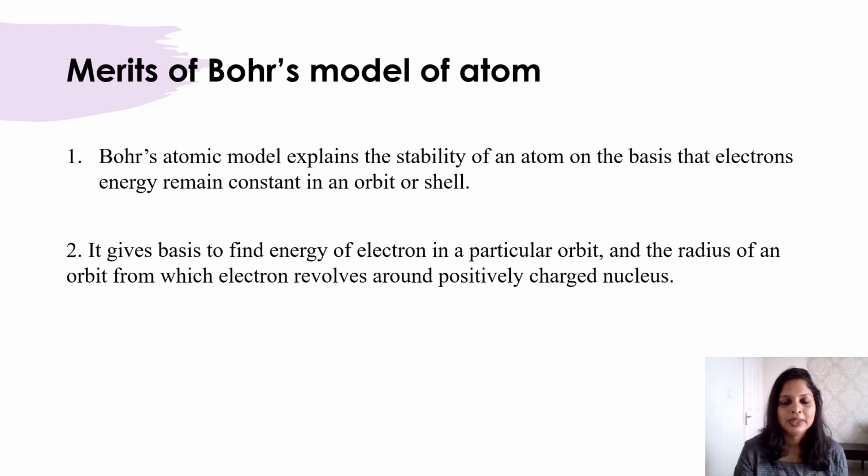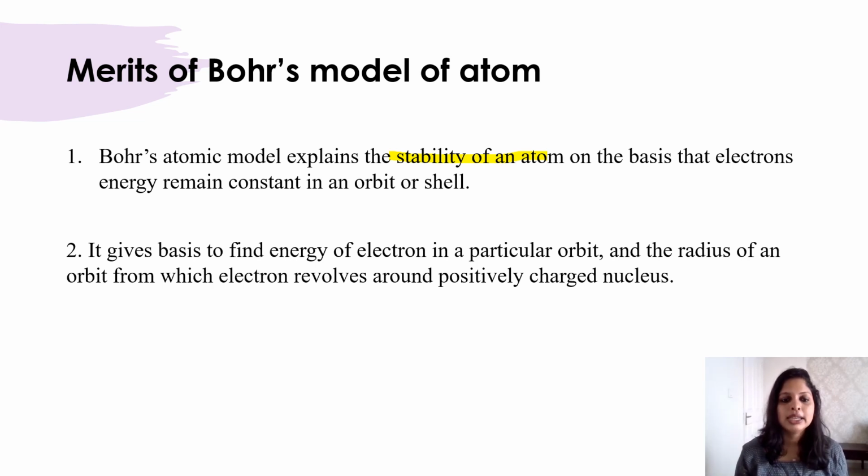Now let's look into the merits of this atom model. Bohr's atomic model explains the stability of an atom on the basis that the electron's energy remains constant in an orbit or shell. As I told you earlier in the postulates, the energy of an electron revolving around the nucleus is constant, so we can explain the stability of an atom with that.